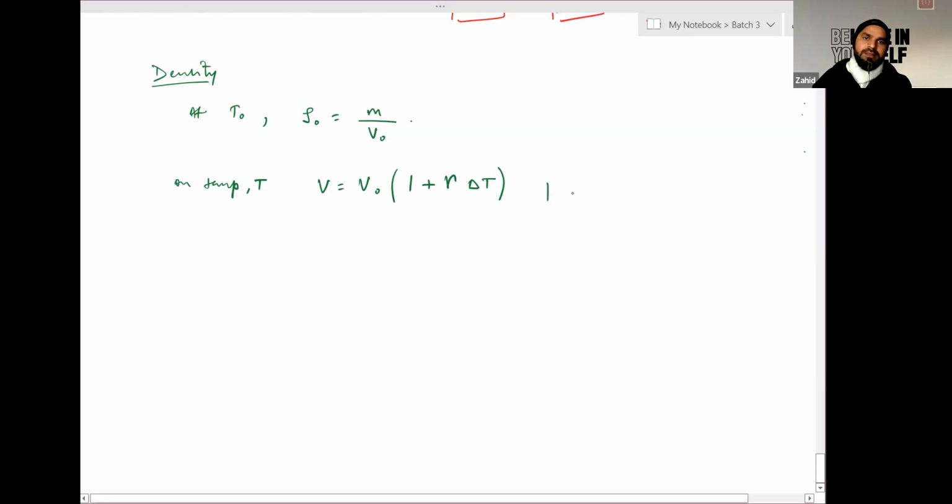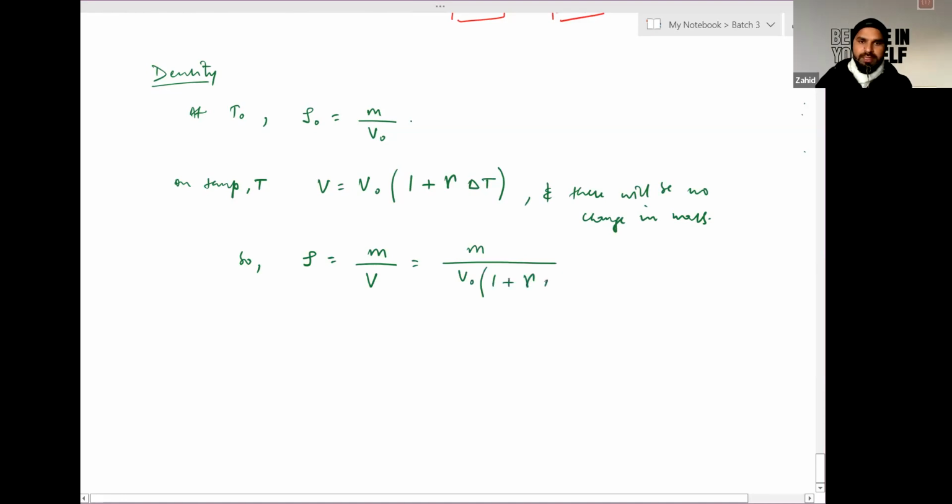So we can write density equals mass divided by volume. Put the value of V from the above part, so you'll get M divided by V naught into 1 plus gamma delta T.